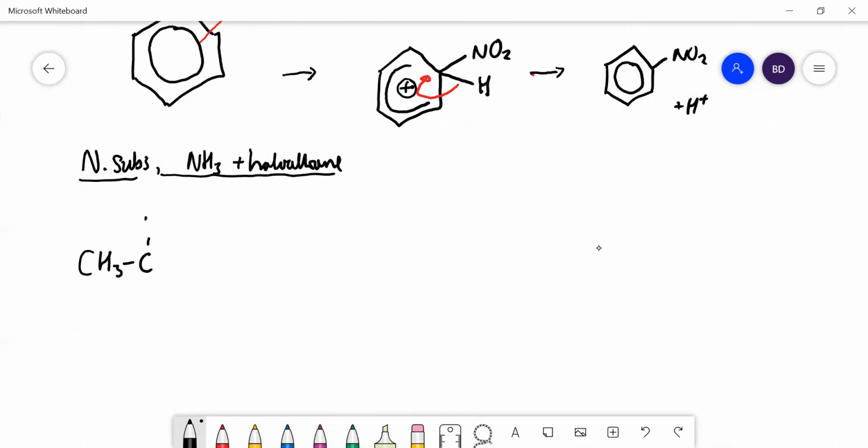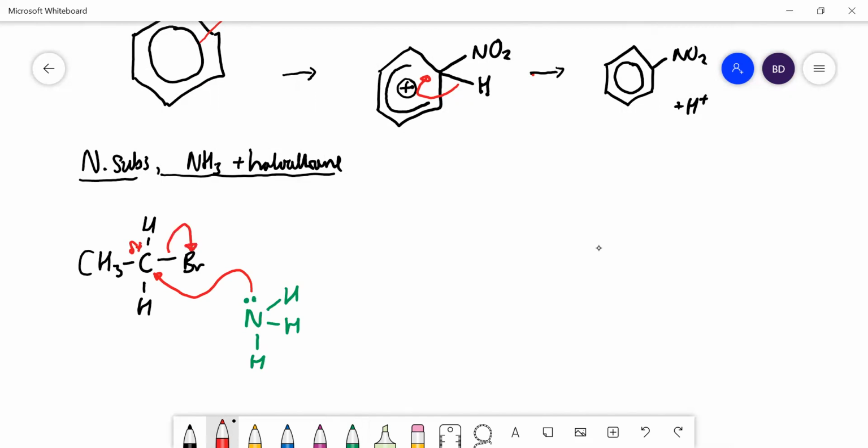Just draw it like this. That's going to react with ammonia. So the lone pair goes onto the delta positive carbon. The halogen atom comes off. There's the halide ion.